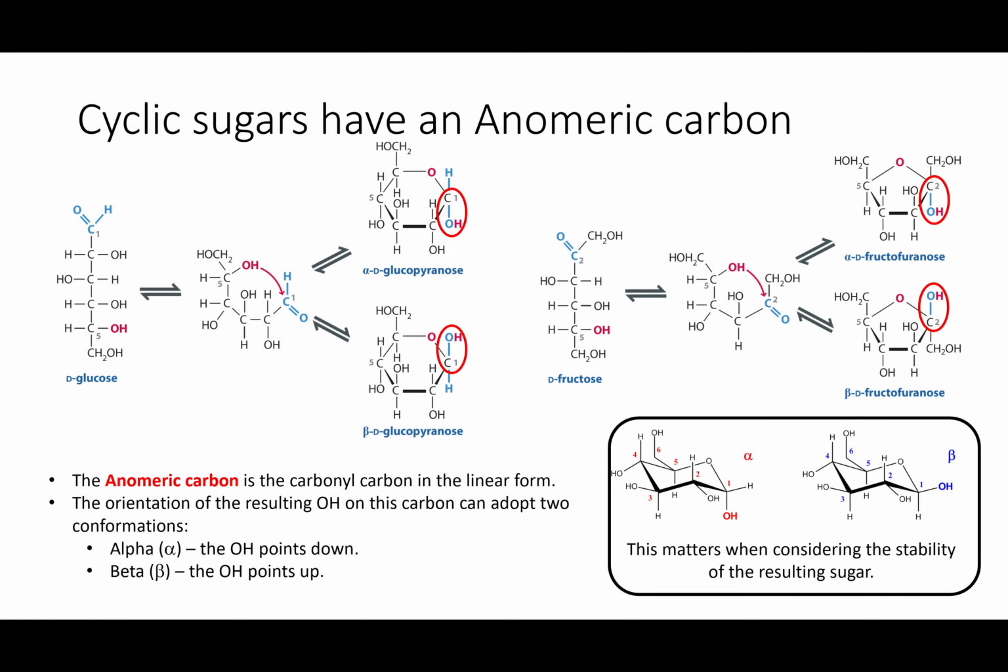And hopefully you remember from orgo that when everything is in an equatorial position, that's when things are most stable. So here, the alcohol group in the beta configuration, when it's pointing up, is positioned in the equatorial position, which makes it more stable. The way that I remember it, it's cheesy as hell, but it's always better to be up. So the beta is the more stable configuration.